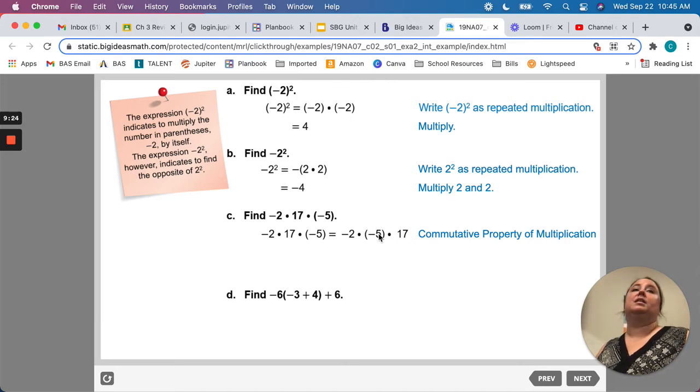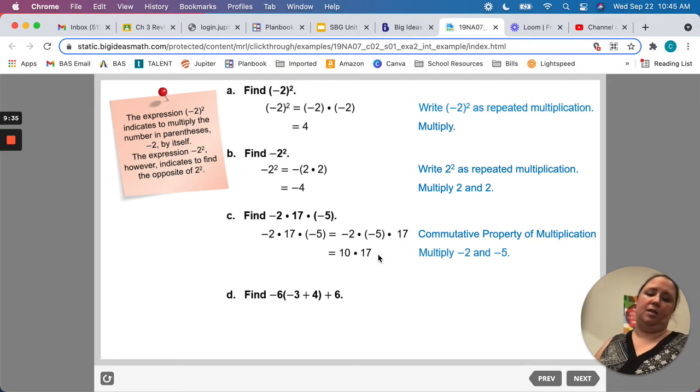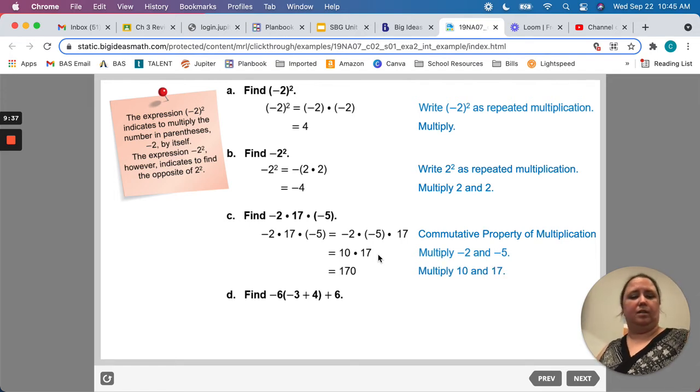Yes. What's a negative times a negative? Positive. 2 times 5? 10. So now it's a positive 10 times 17. Is that a whole lot easier to do? Yes. What is 10 times 17? 170. Okay? So when the whole entire equation is multiplication like that, you can rearrange.